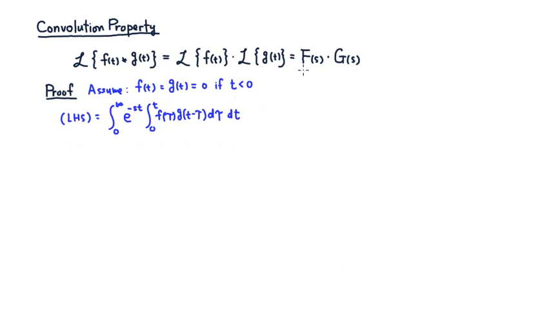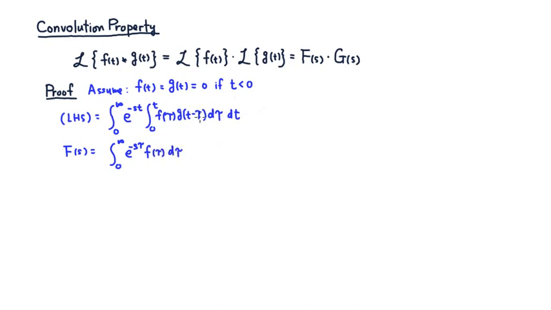So let's look at the right hand side a little bit. I'm going to look at them one by one. So let's look at the capital F of s. Since if you look at the left hand side, f is using a variable tau, I'm going to use that too. So it's going to be an integral from 0 to infinity. This is just a Laplace transform, so you have e to the negative s tau, f of tau, d tau.